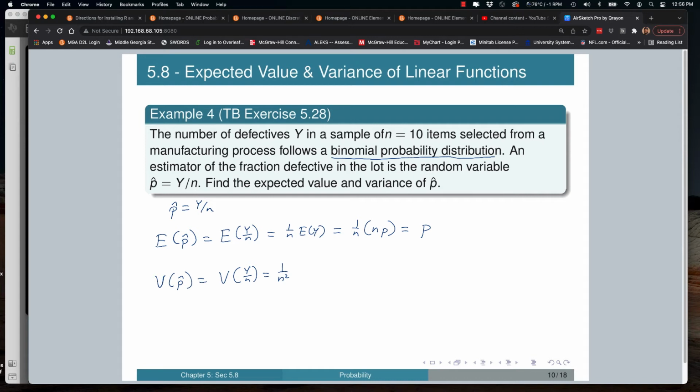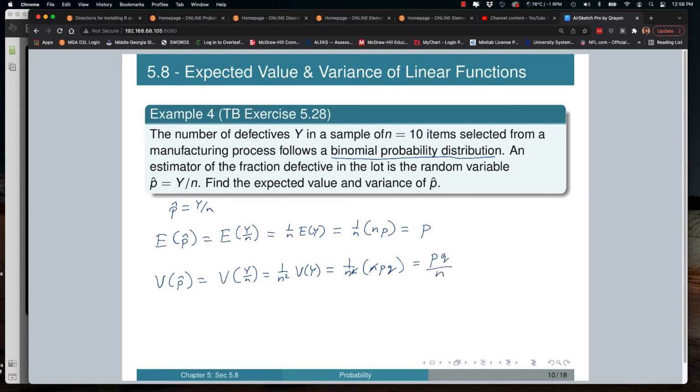We don't have to worry about that with the variance, times the variance of y. Does anybody remember what the variance of y formula is? So we end up getting 1 over n squared times npq, which is the variance formula for the binomial distribution. Again, one of the n's cancels in the denominator and the top, so we get rid of the squared, and we end up getting pq over n.